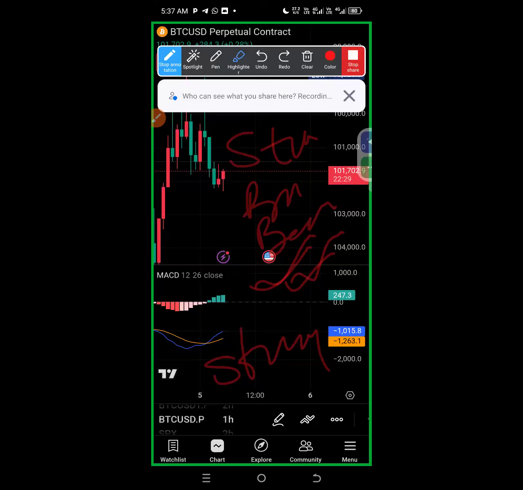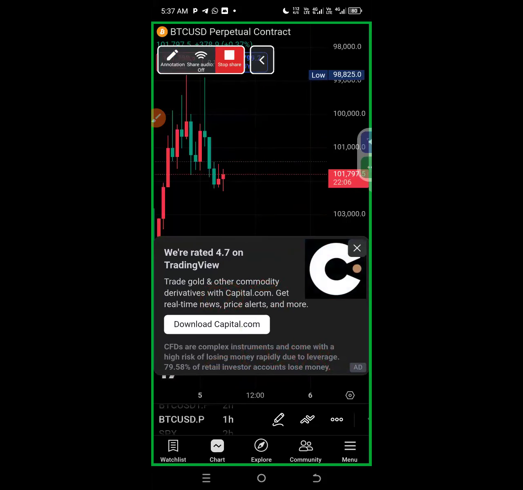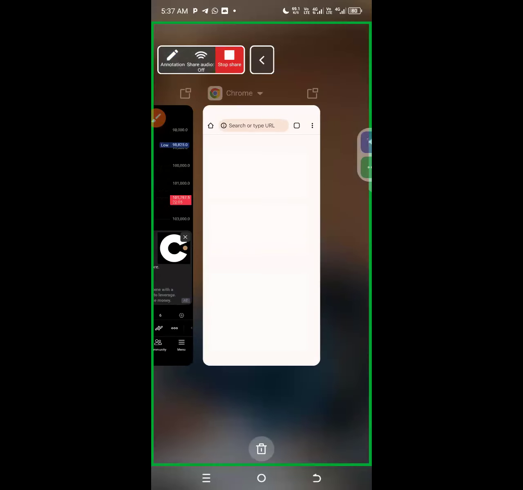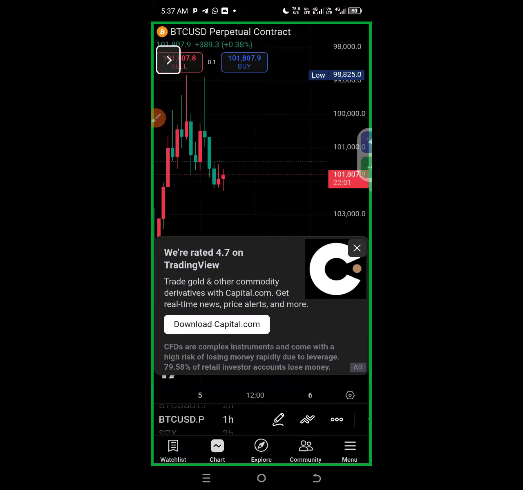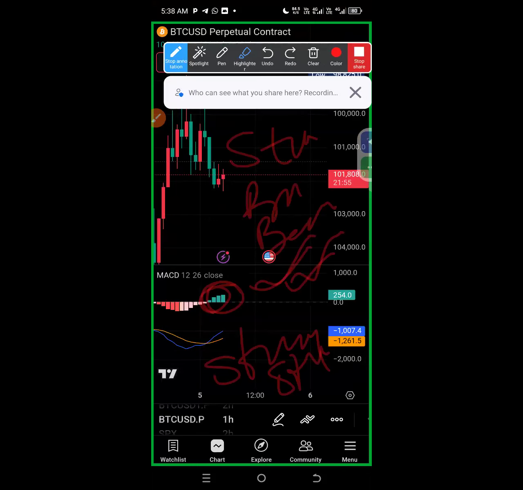In likewise manner, when the crossover happens below, right? When the crossover happens below, it gives you an indication that it is strong bearish momentum.